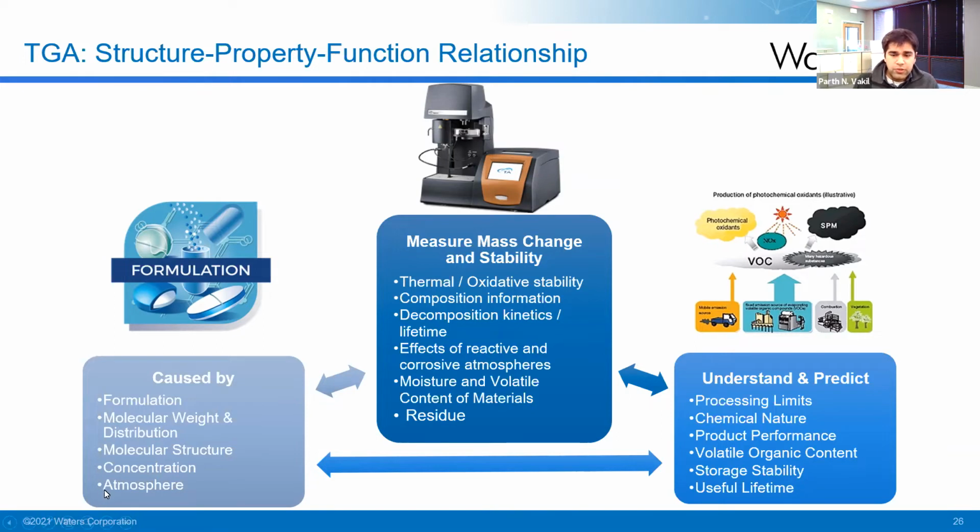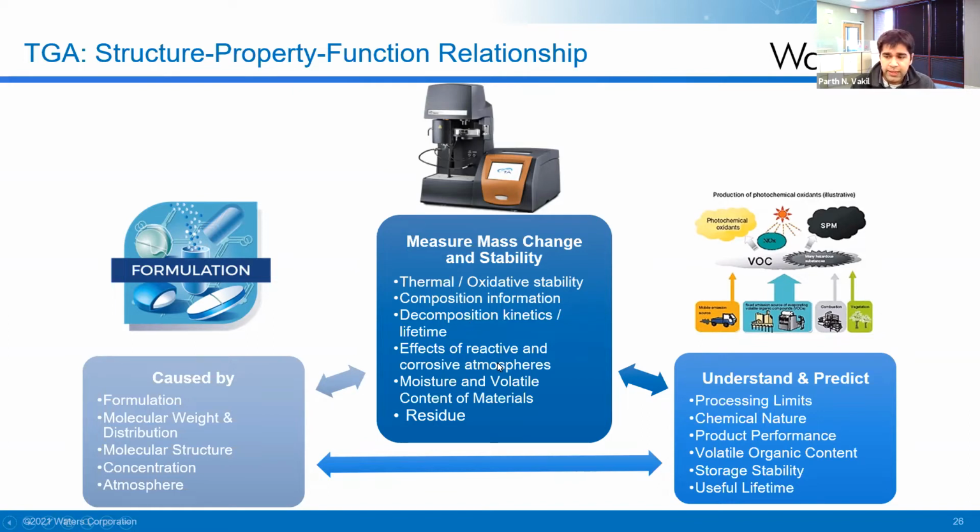By testing samples that come from different chemistries, different types of processing conditions, or that have residues left or were stored in certain humid environments, for example, you might be able to deduce some of that from a TGA instrument, because it not only gives you information about how thermally stable a material is, it can give you insight into composition. You can actually do some kinetics analysis on the TGA, and we'll talk about this at the end.